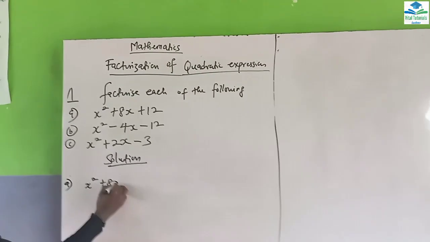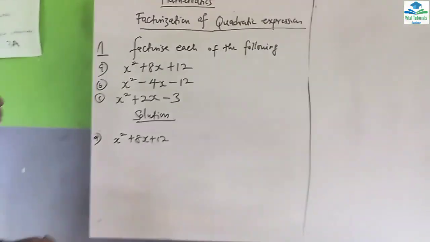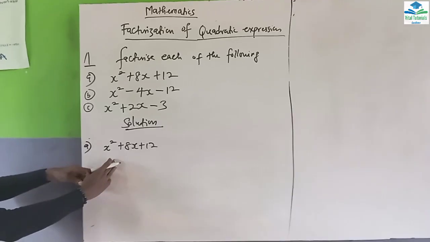x squared plus 8x plus 12. Now, you can see that this is a quadratic expression.